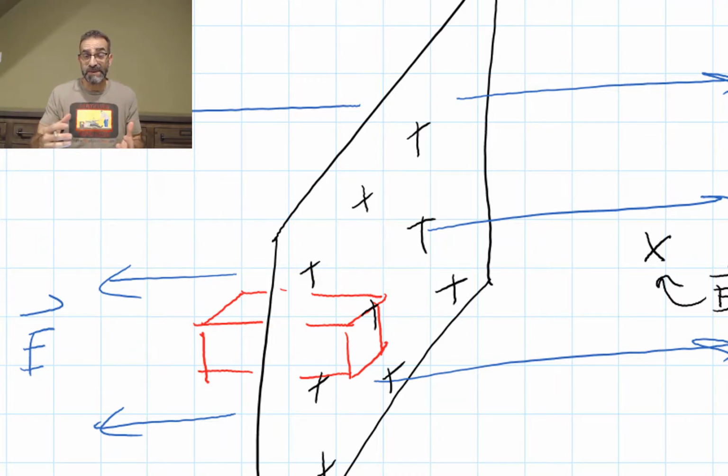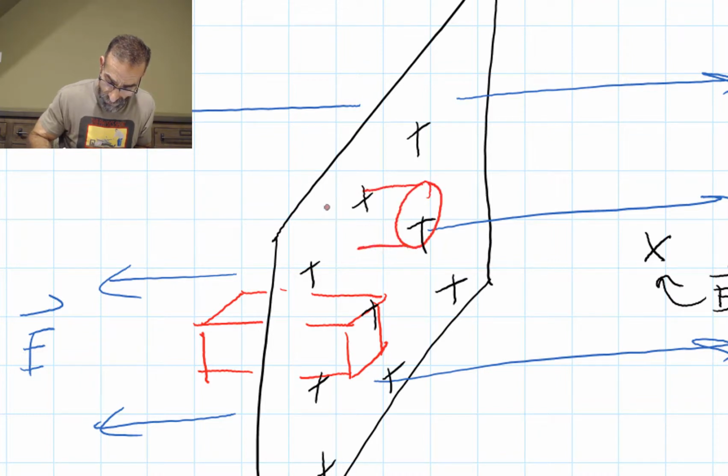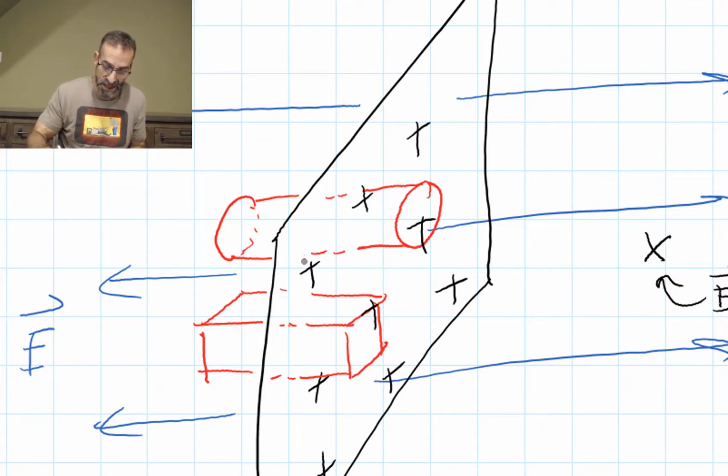Otherwise, it doesn't help us with the geometry of this situation. So we would want to put our Gaussian cylinder oriented along the electric field lines. Either one of these shapes would work as our Gaussian surface. I'm going to use the cylinder.